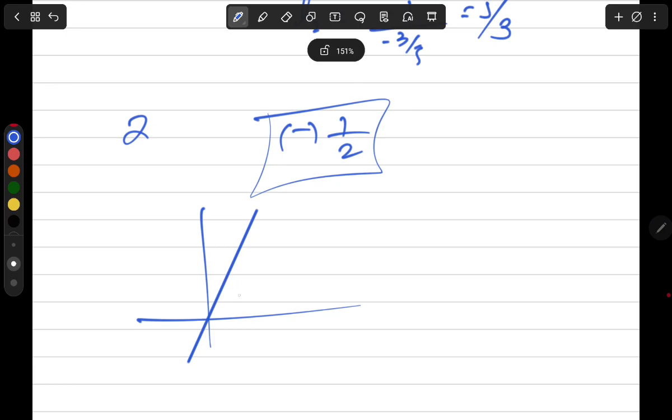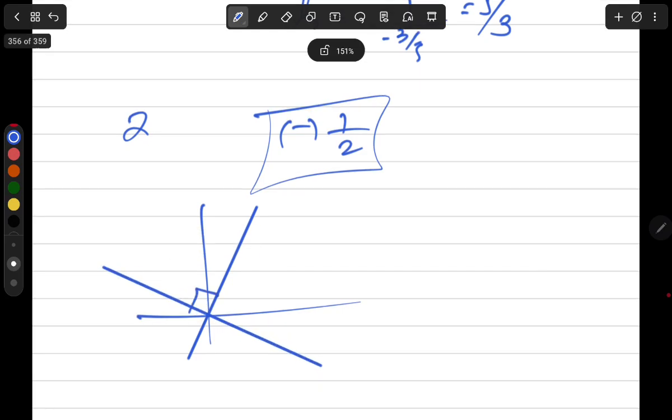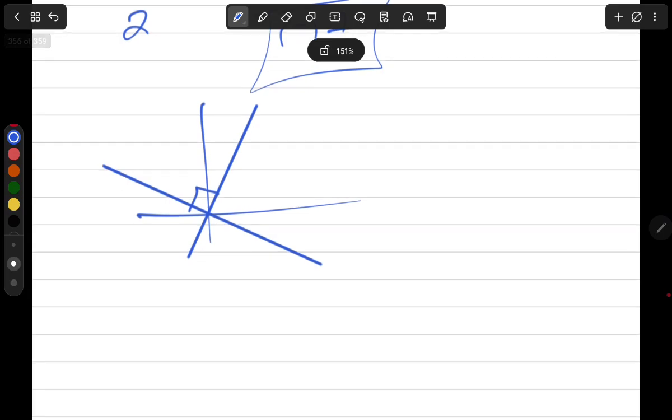Now, if you make this into half, the line is just going to become very gentle, but it's not perpendicular. It's perpendicular when you make it gentle and you make it negative. Can you see? So this is gentle and this is negative. So now these two are perpendicular.